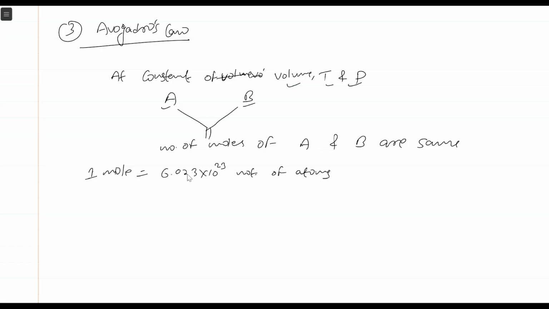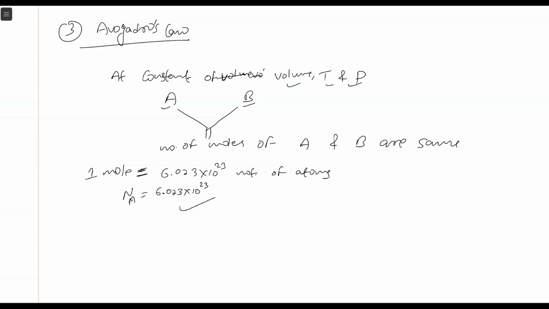Okay, so at constant temperature and pressure, 1 mole of any gas will contain 6.023 into 10 to the power 23 number of atoms, and this is denoted by N_A. Whenever you see N_A, you need to understand its value is this much, and this is the Avogadro's number. So it is 6.023 into 10 to the power 23. Okay, so this is very simple, isn't it?